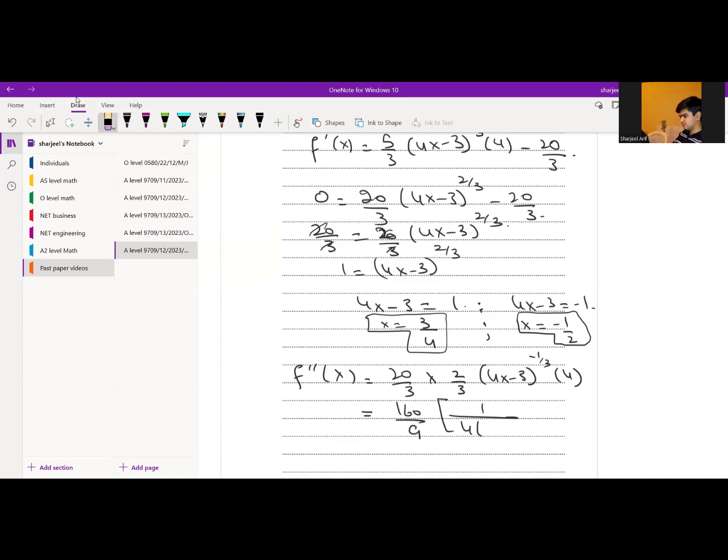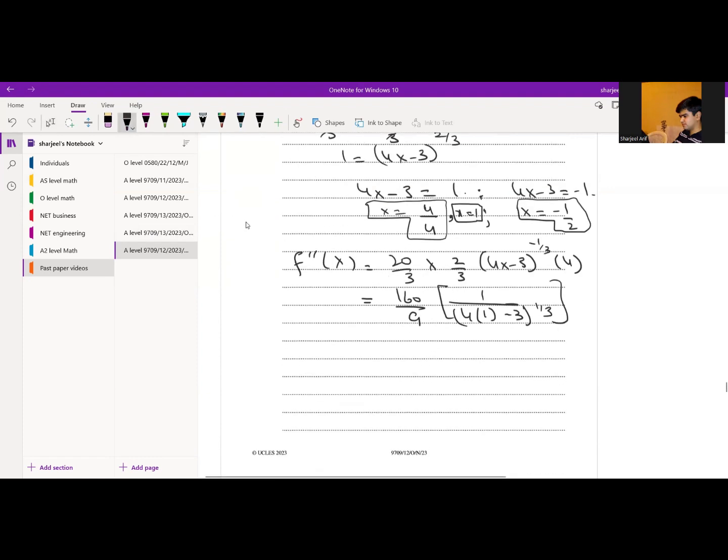In the previous part we have 4x over 4, so value of x will be 1. So we will substitute 1 here and check whether it's a minimum point or maximum point. So this will become 160 over 9, which is greater than 0. So it's a minimum point.